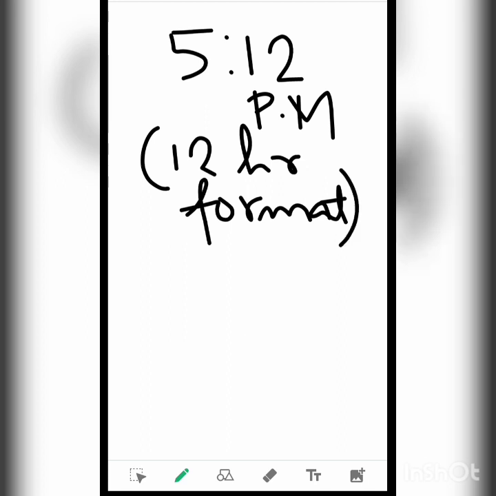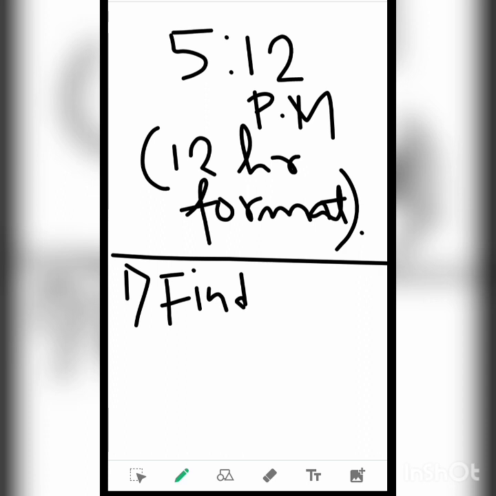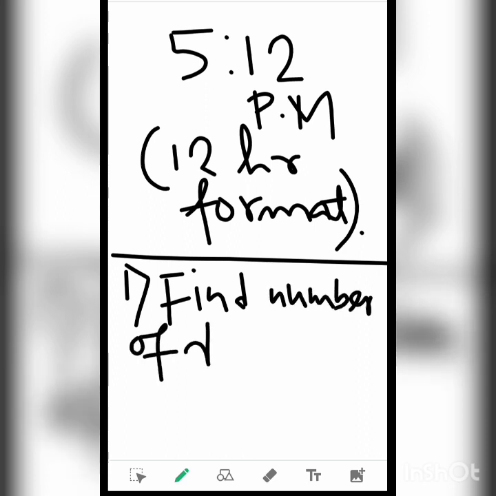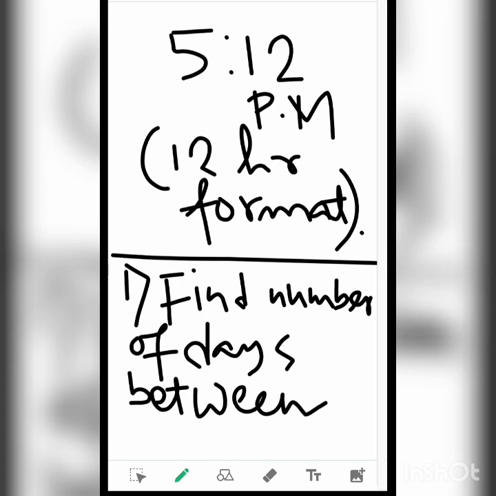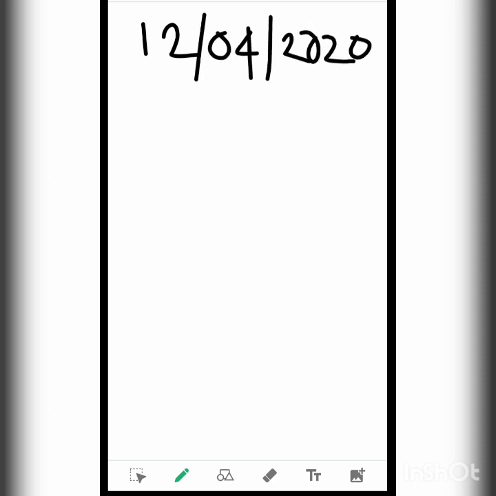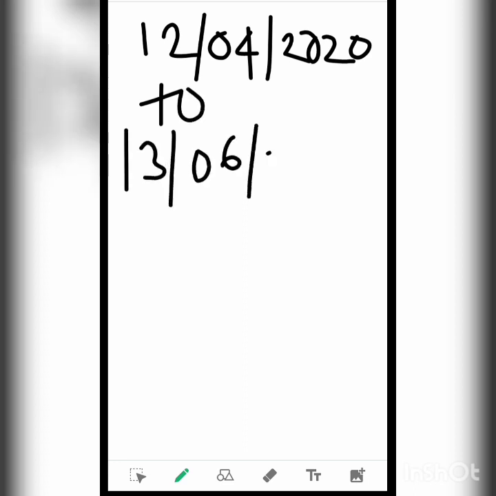Next, suppose we have to find the number of days between 12/4/2020 to 13/6/2020.